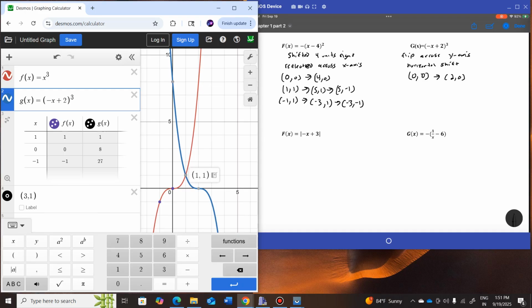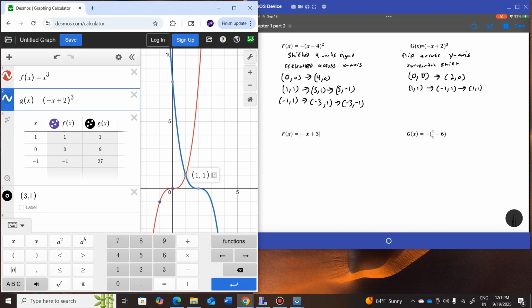Point (1, 1) on the red line goes 2 units to the positive side and gets reflected onto (1, 1) again. Okay, and so point (1, 1) goes, I'm going to do this in 2 steps here, (-1, 1), and then back to (1, 1).